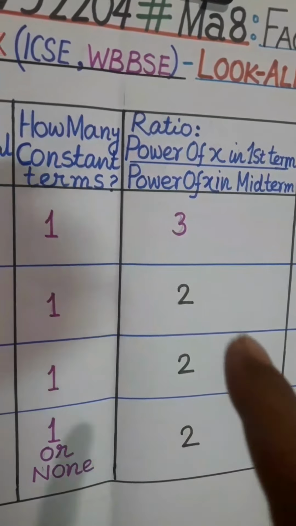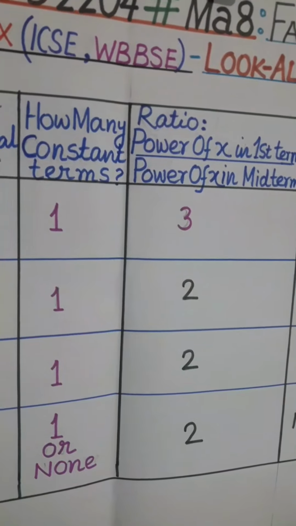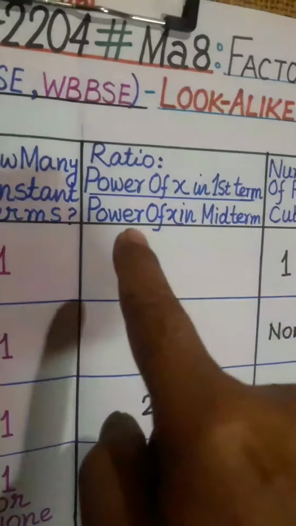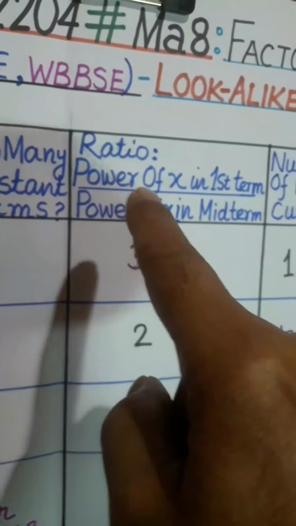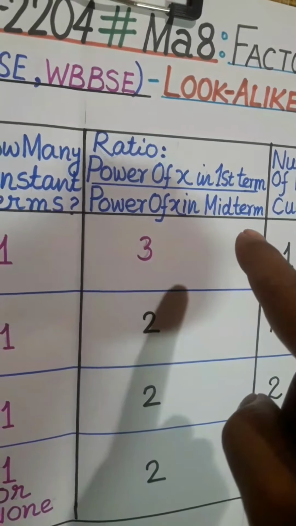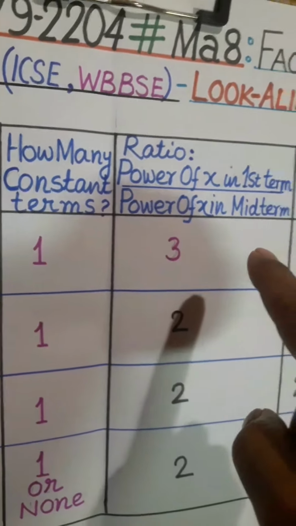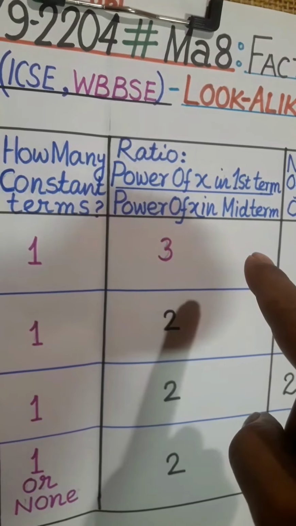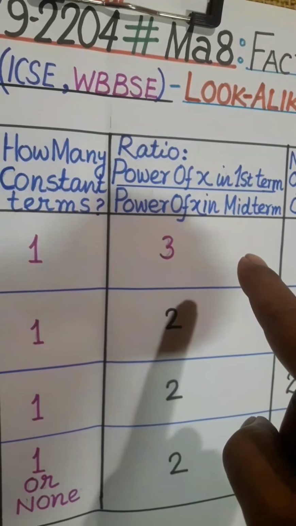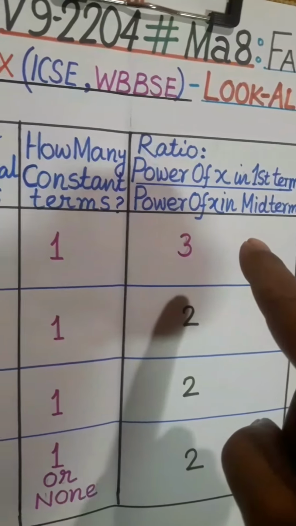In this identification part, our first activity will be to calculate the ratio. What ratio? Power of x in the first term divided by power of x in the middle term. In place of x, it could be a, could be b, whatever it is, it's the variable. So power of the variable in the first term divided by power of the variable in the middle term.